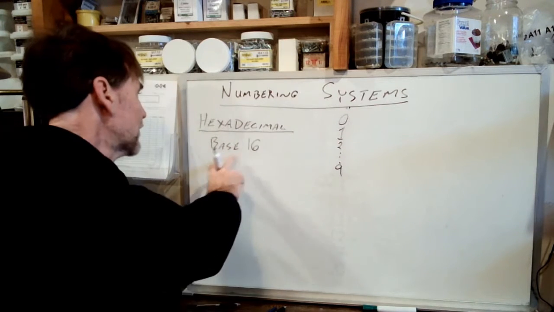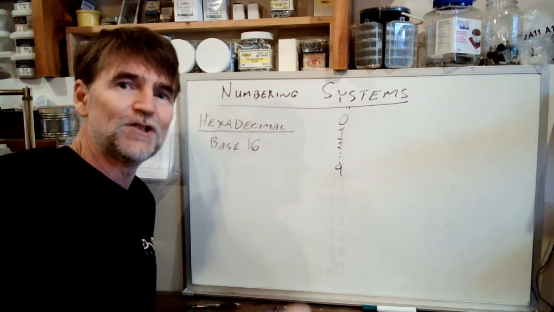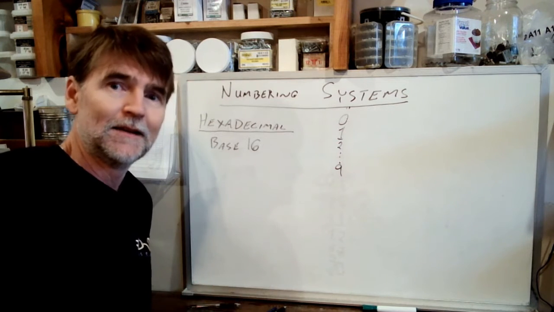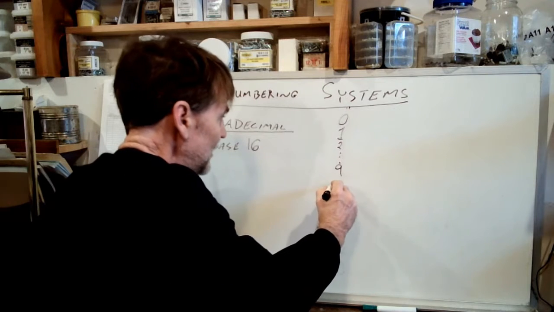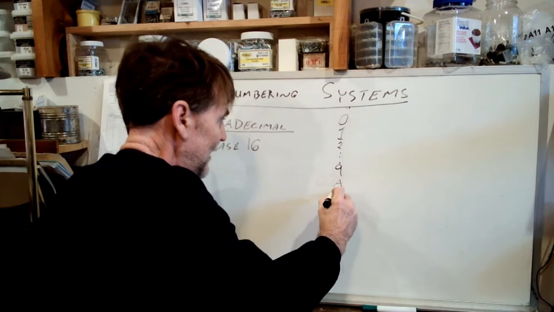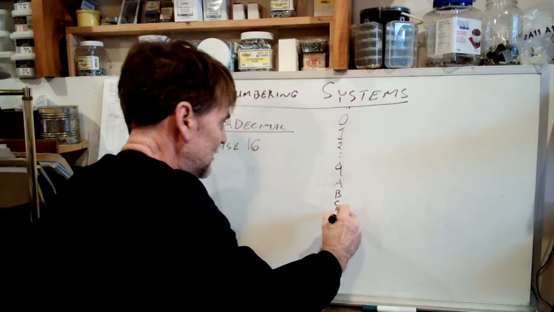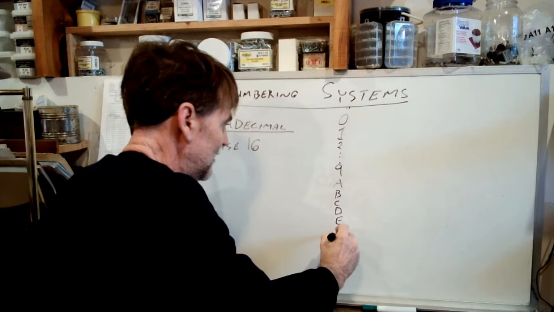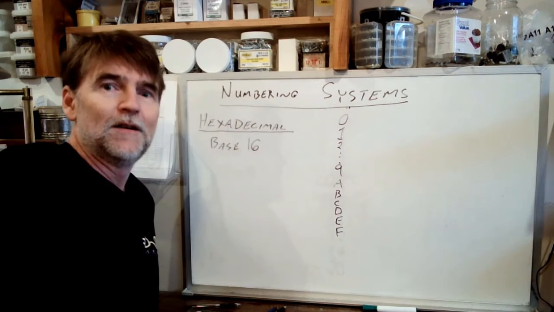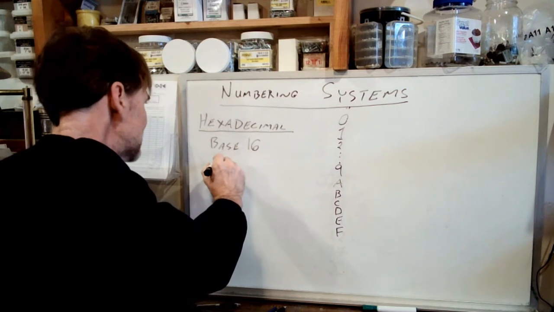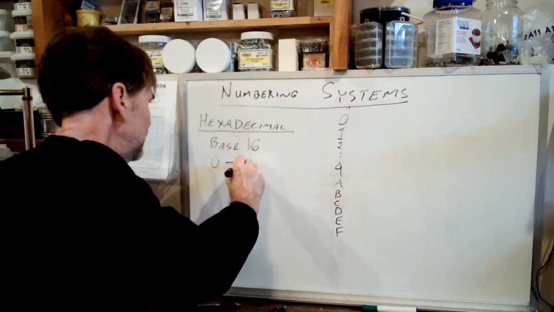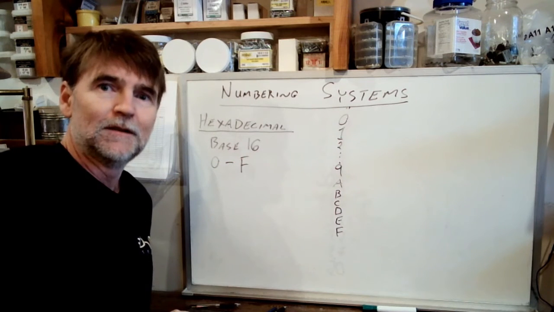We still have to work within just a single digit to get our 16 unique digits. So what comes after 9? The letter A. And then B, C, D, E, and F. So the unique digits in the hexadecimal system are 0 through F.